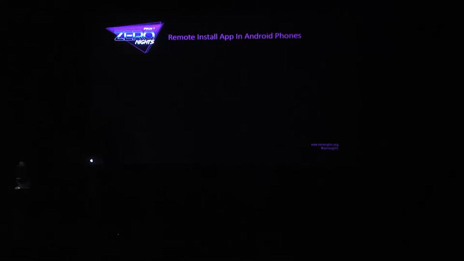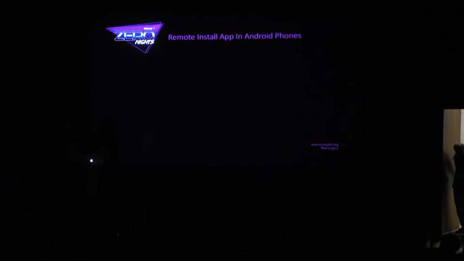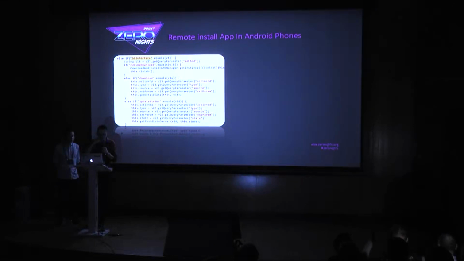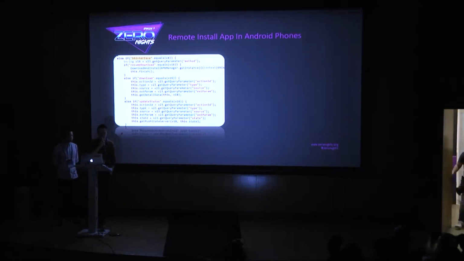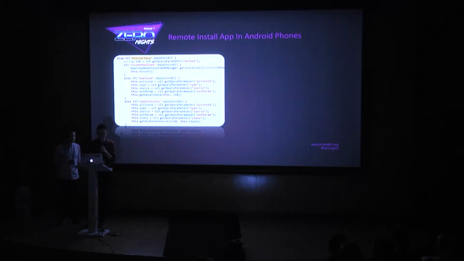And then the remote app install in Android phones. Now we can see the App Store app in this phone. It has an activity which is exported, and it defines a scheme and a browsable category, so it can be launched from the browser.